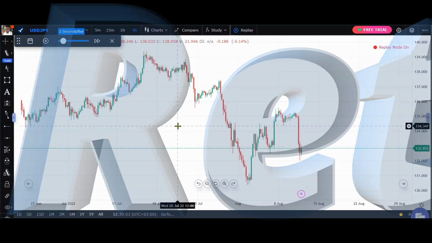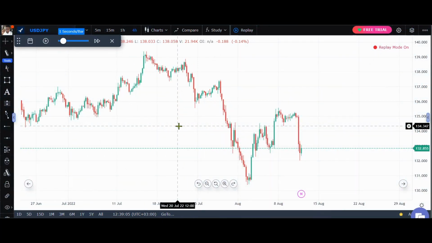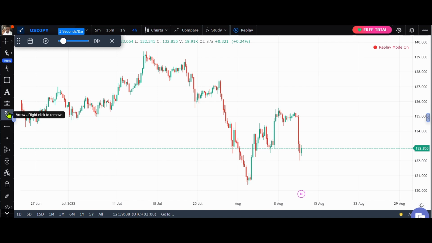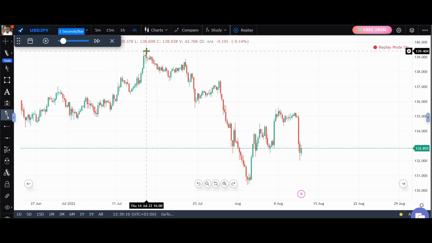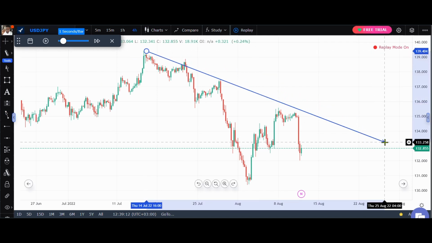First and foremost, let's draw the zones, the trend line and the support zone. We have a descending trend line here.